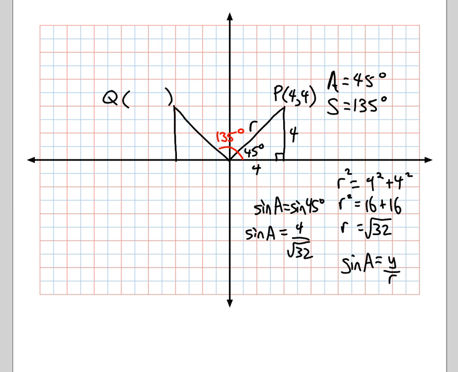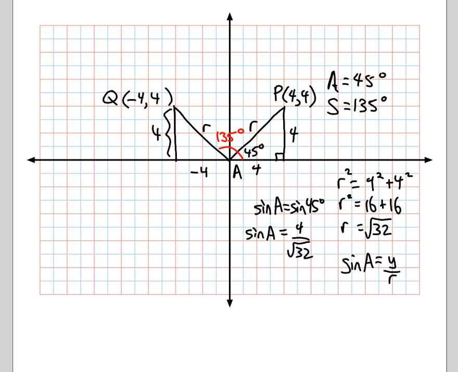Now Q has exactly the same vertical height off the x-axis, which is going to be 4 units. Its horizontal distance away from the origin here is going to be -4. So it'll have point -4, 4. Now, when we calculate the length of the terminal arm over here, I'll call it r also because it's the same length.